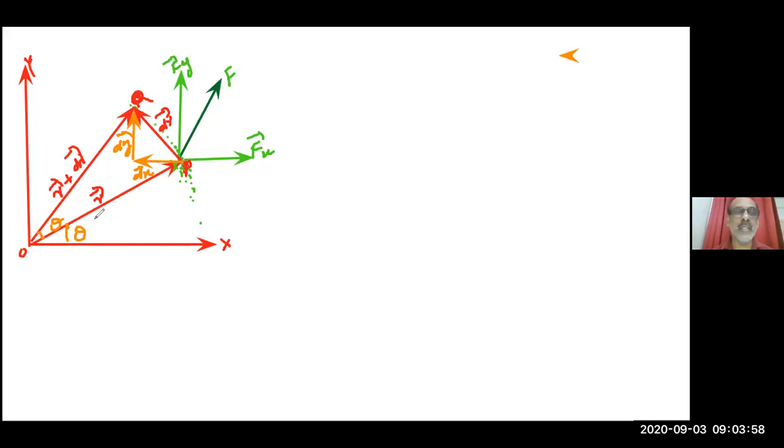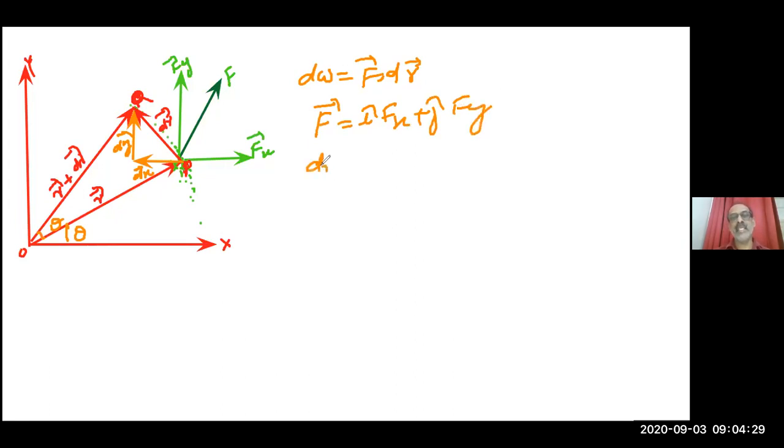Let us consider, we reached the step dx is equal to minus y d theta. So dw is equal to f dot dr, that we have done, right? Now we have to write the components of F and dr. F has i fx plus j fy, and dr has two components, i dx plus j dy.